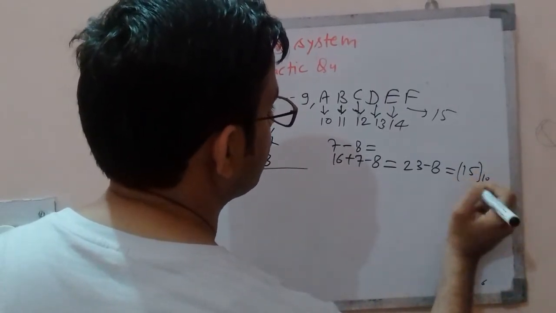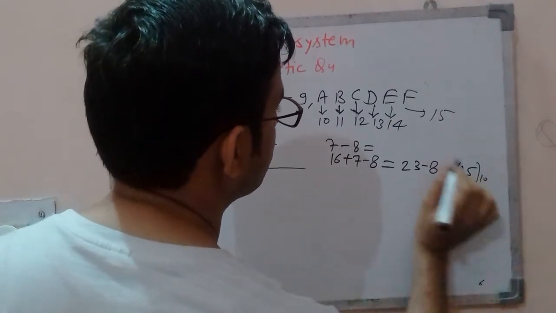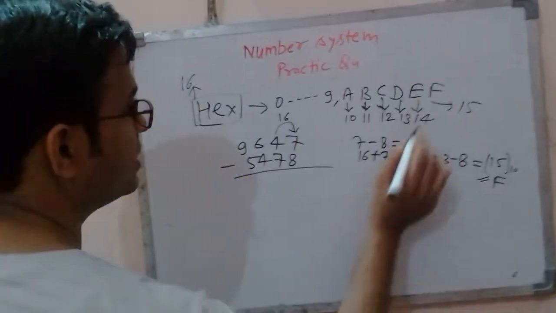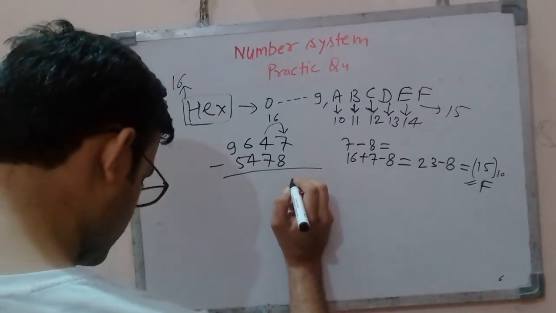Okay, 15 in decimal, remember. And 15 in decimal is equivalent to F in hexadecimal, that means this is F. 15 is F. So what is the subtraction here?